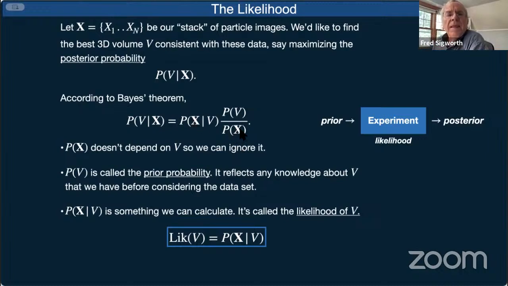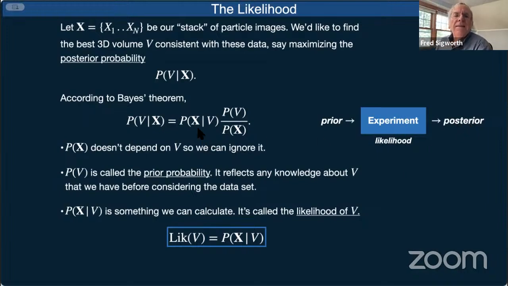And this quantity, which is the probability of getting our particular data set, we're going to ignore because we're not going to maximize over it. What we're going to do is maximize by varying V. We start out with the prior information, which is P of V. We take our experimental data and compute something called the likelihood, which is this thing. The product of these two then gives us the posterior probability, which we're going to maximize.